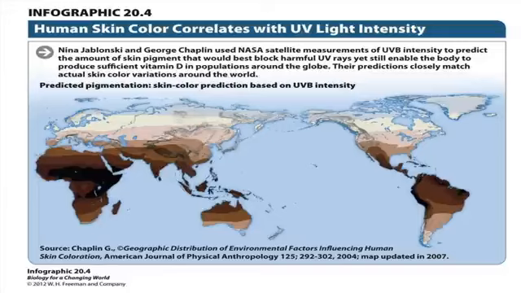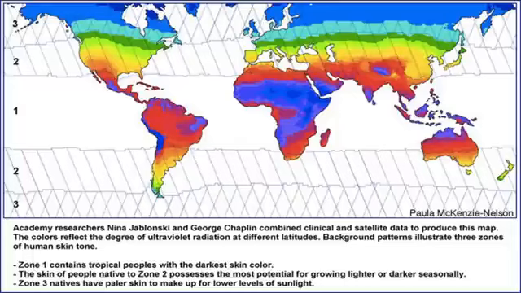So here's a skin tone map dealing with UV radiation and what indigenous peoples would have looked like, had migration not occurred and things like that. This is what the natural skin tones of people would be. And here's a UV understanding when it comes to the heat of the world and the coldness of the world.